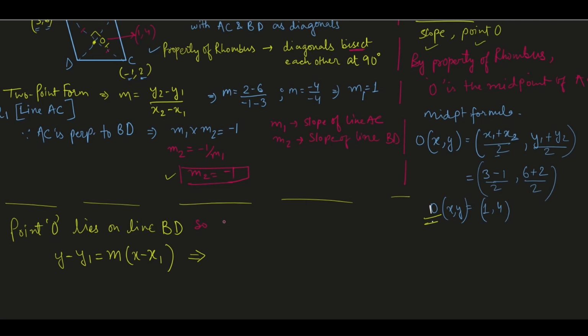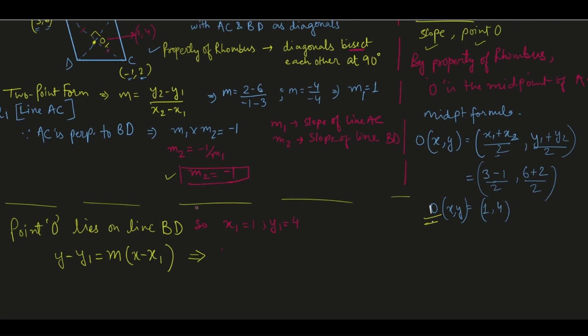So x1 will be 1 and y1 will be 4, because it satisfies the equation of the line BD.